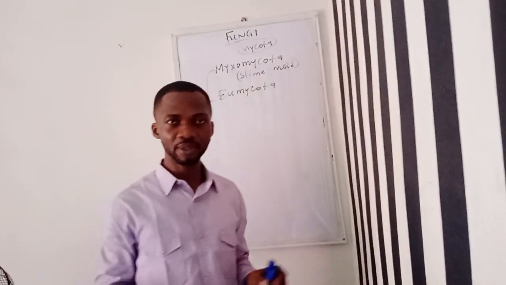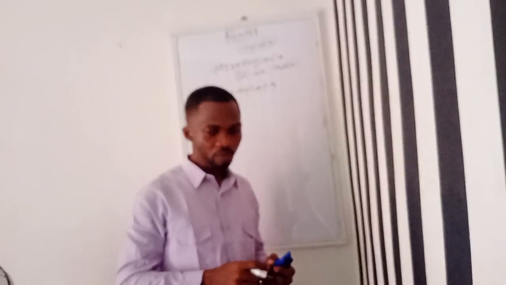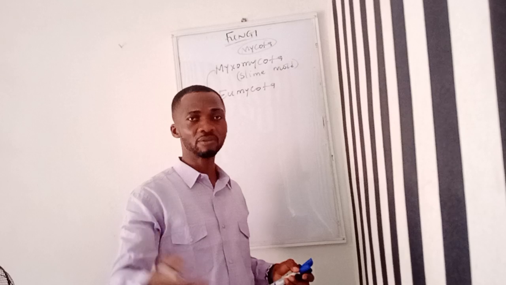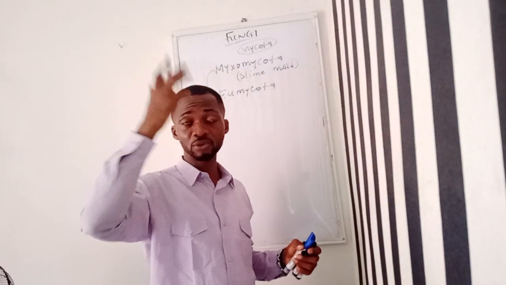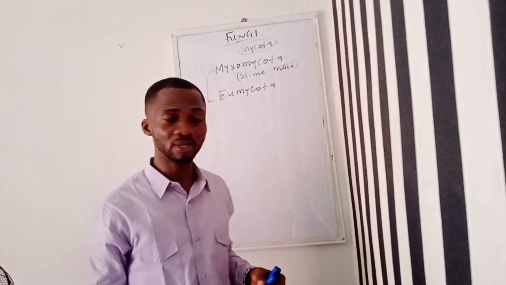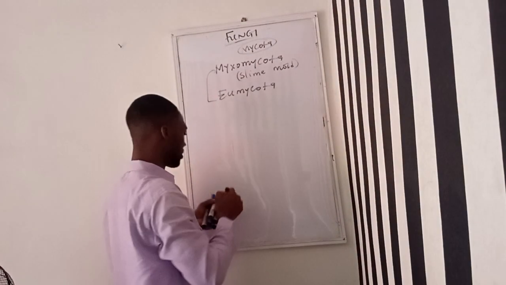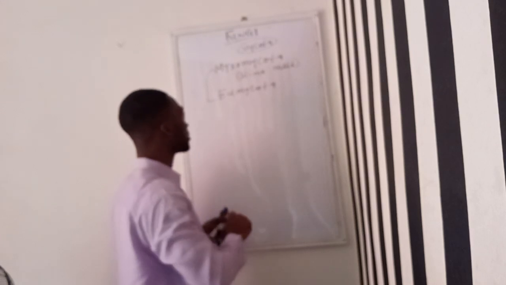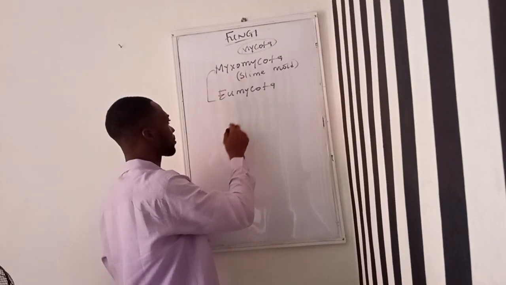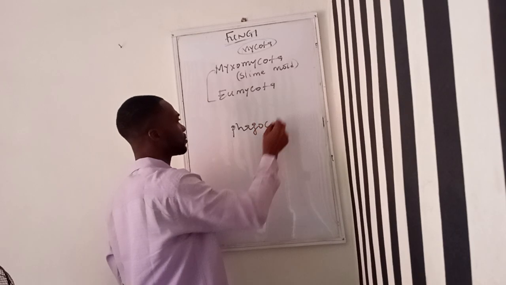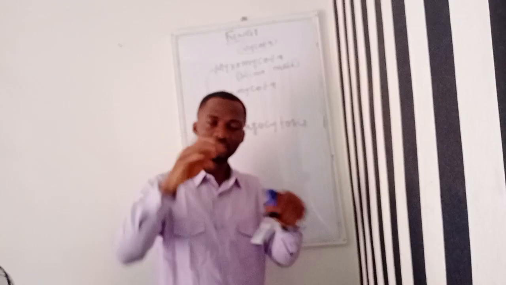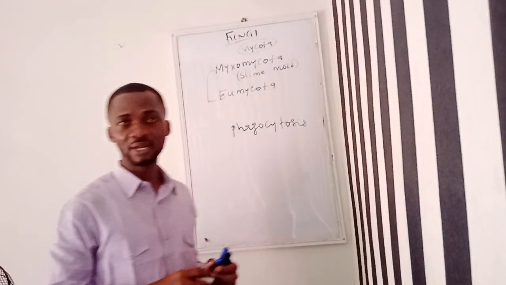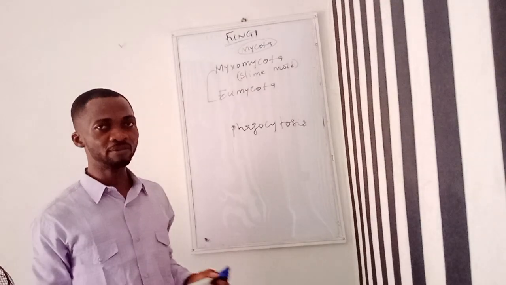That means they move like amoeba with the use of pseudopodia, and they also feed like normal amoeba through phagocytosis, and through this means they engulf bacteria. So you can see that these are pure protozoal characteristics, and they are not fungal characteristics.